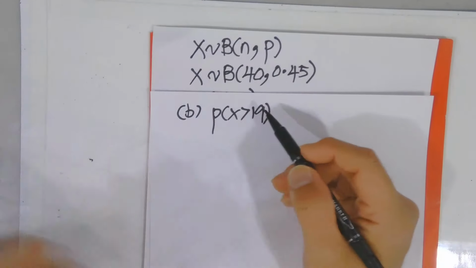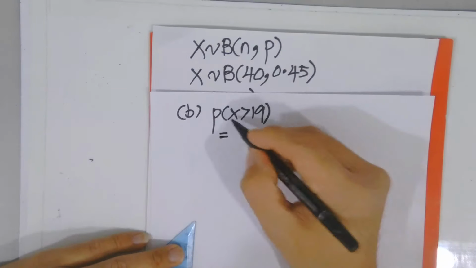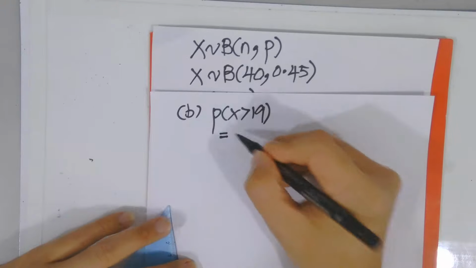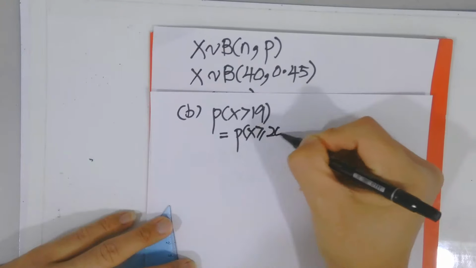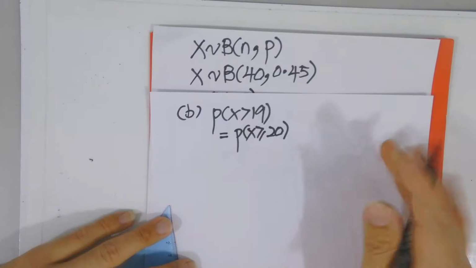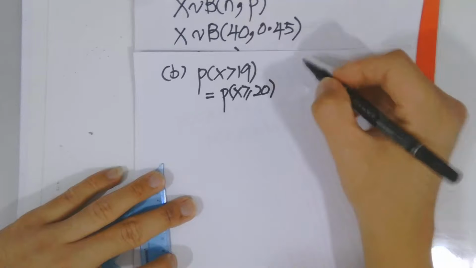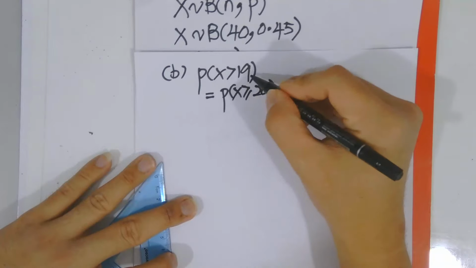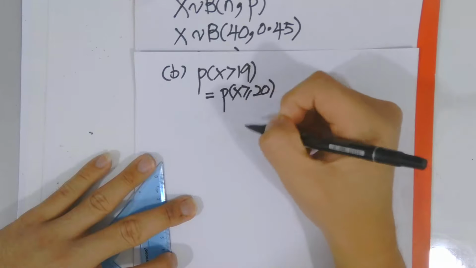So if you say P(X > 19), you have to rewrite this, because greater than 19 is at least 20 for a discrete random variable. Some students will ask me, sir, why is it at least 20? Because X must be an integer.